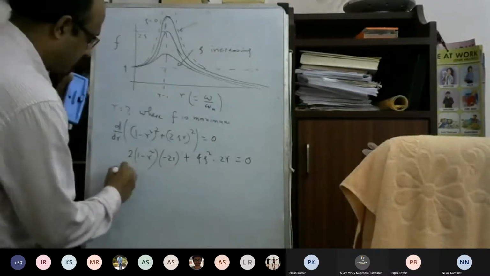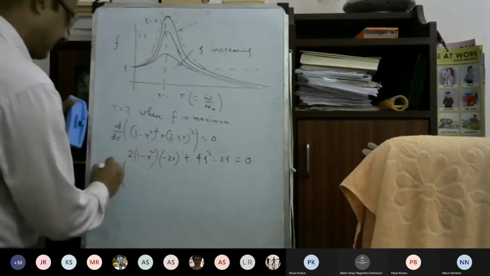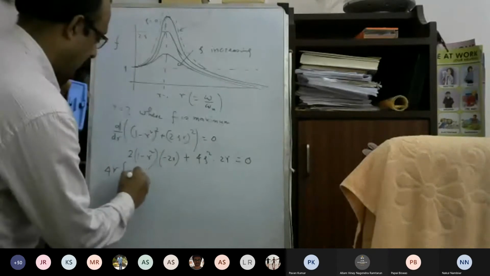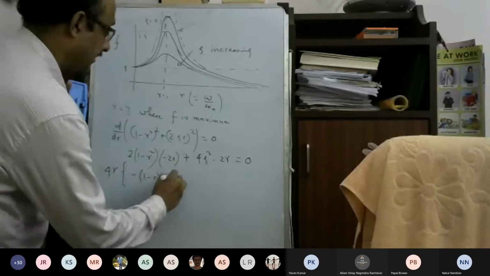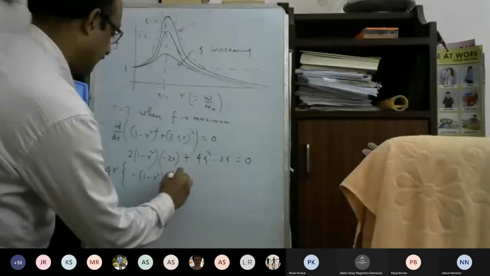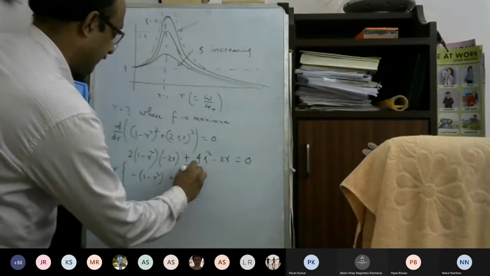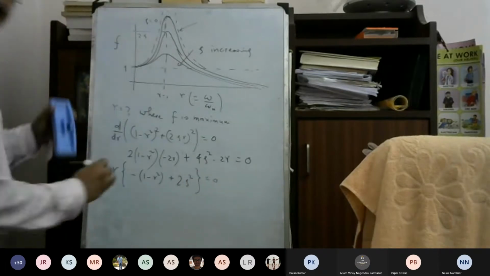Now it will have two roots. One is r, and another is, let us say, the bracket: minus 1 minus r square plus 2 zeta square, which is equal to 0. So we'll have two roots.